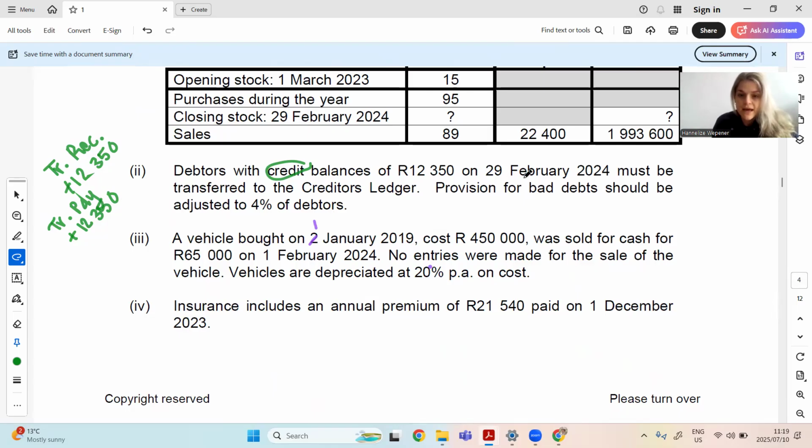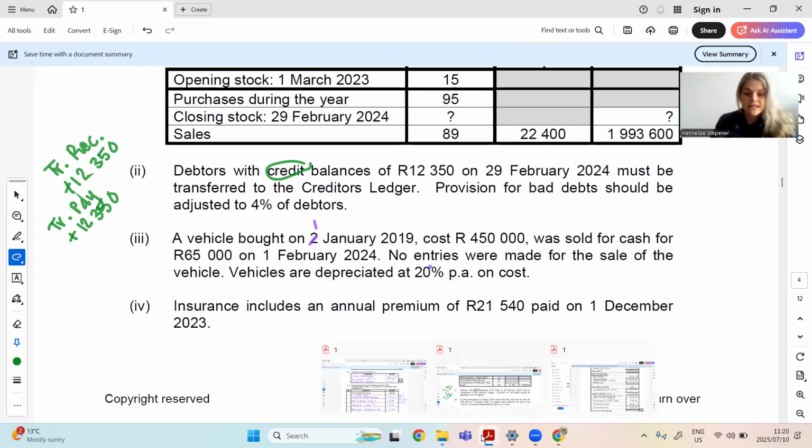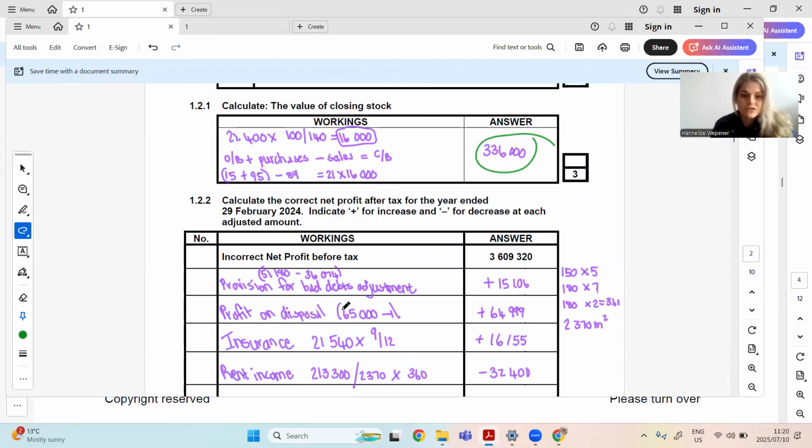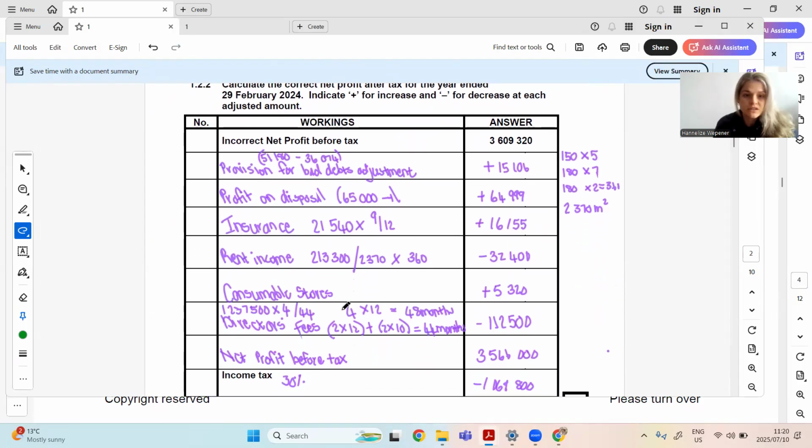Then the provision for bad debts that must be adjusted. So remember, we already calculated that as well because we had to adjust our profit for the provision for bad debts. There we calculated our provision for bad debts where we took our debtors control after the adjustment was taken into account, and we then calculated 4% thereof.